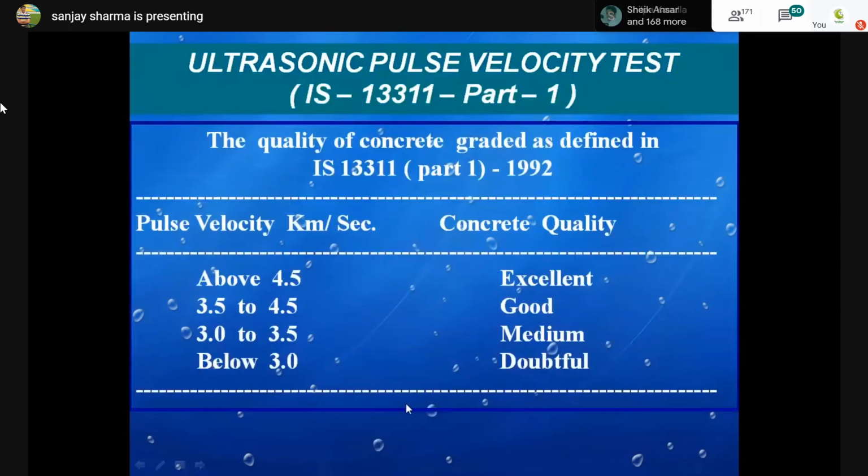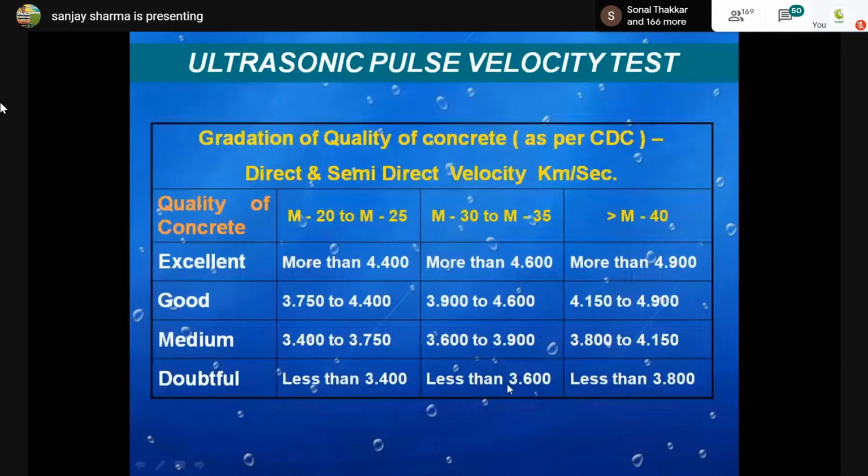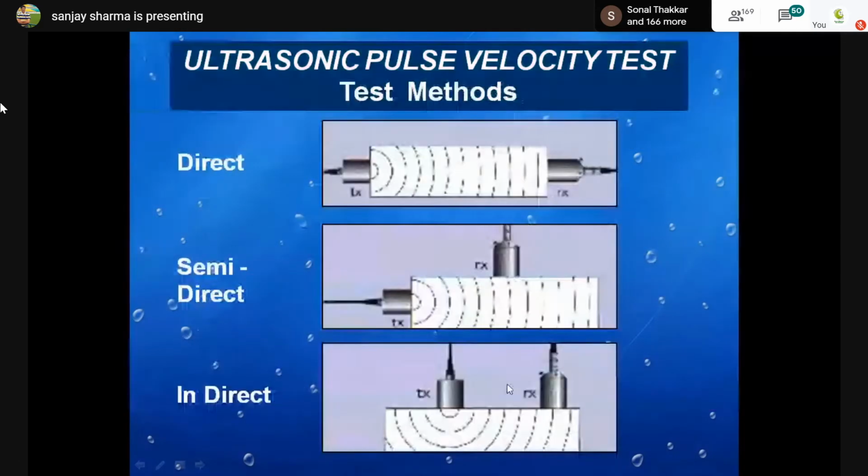In the indirect method, for something like slabs, you cannot reach the other side. So this is very important: you can test by the indirect method also, but it does not give very good information, because the waves are not really traveling through the structure.